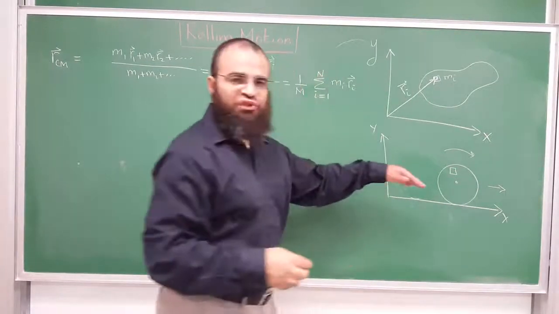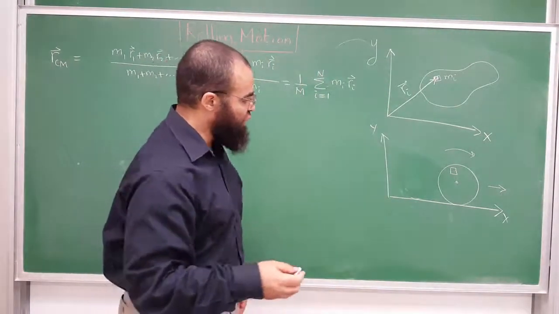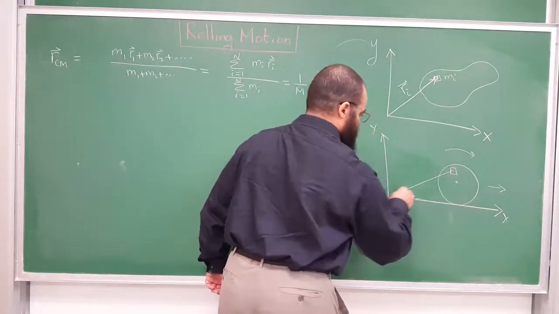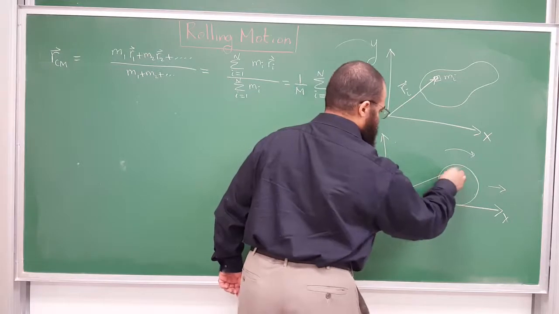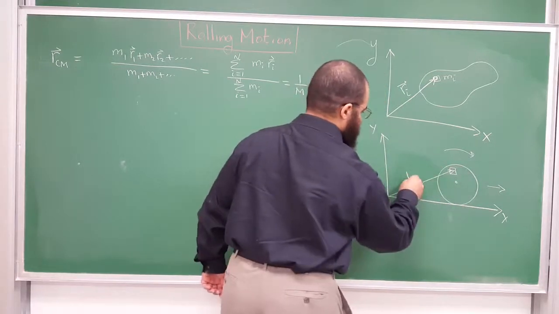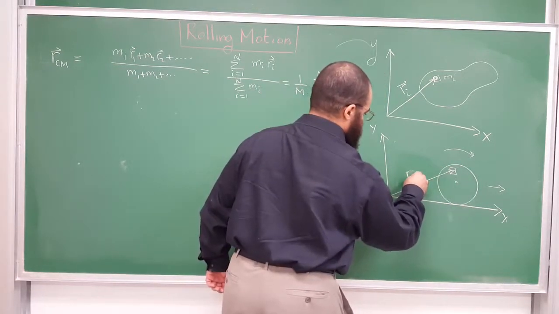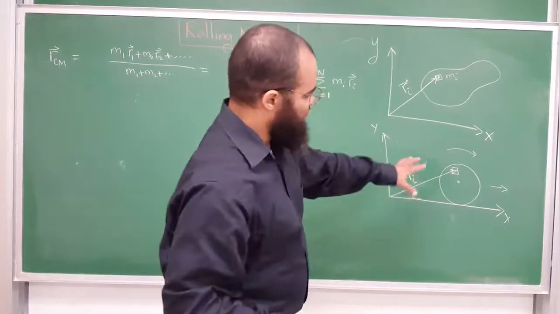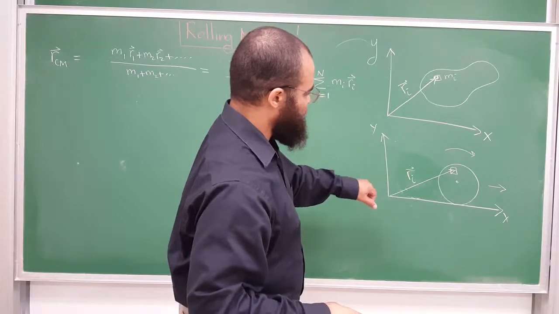I will divide the object into many little masses, and I want to know what the position of each mass here is ri.